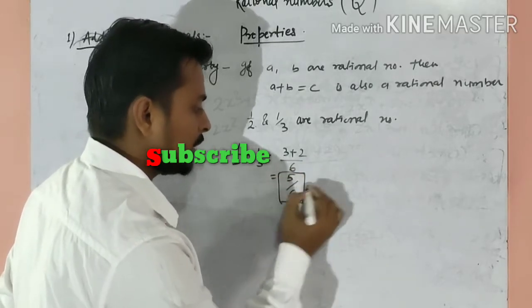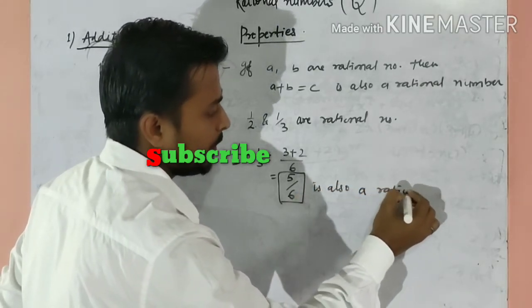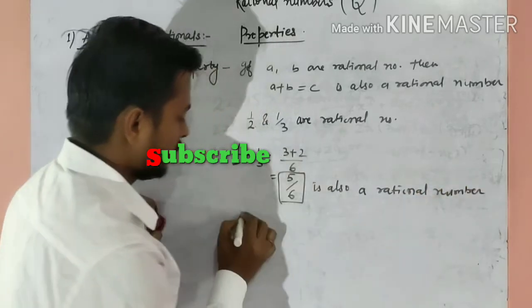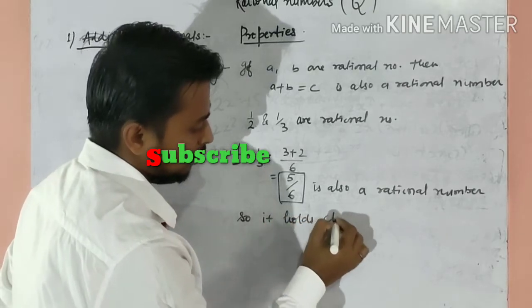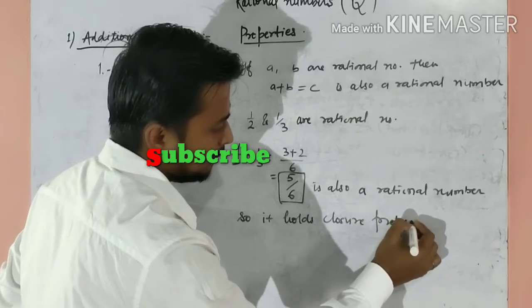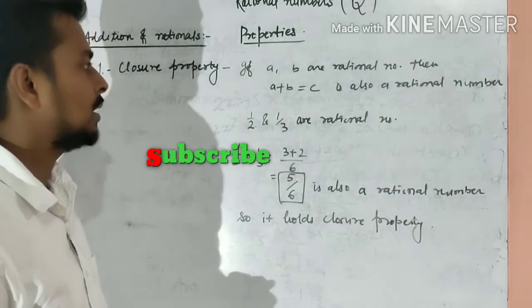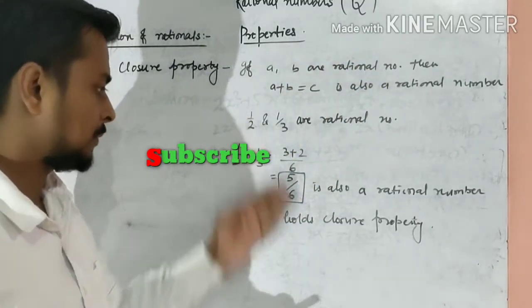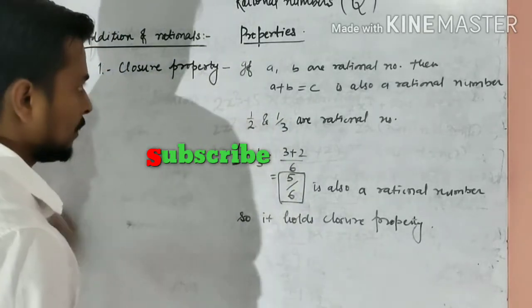This 5 upon 6 is also a rational number, so it holds the closure property. This is the first property, that addition of two rationals is again a rational number. Copy it. After that we will move on to the next property.